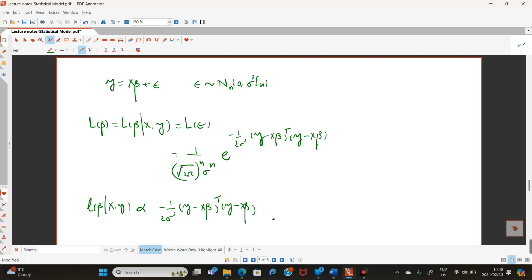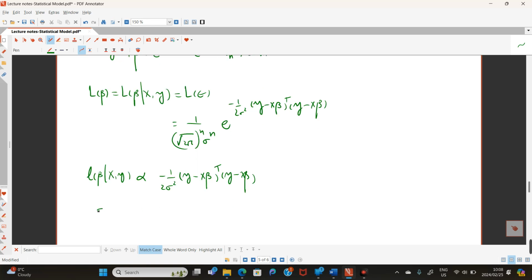And you will see that if you take the derivative of the log likelihood, which I write just as L of beta, with respect to beta, you will get the same result as the normal equations. So if I take the derivative and set it equal to 0, I will find x prime x beta equal to x prime y, which are the normal equations.